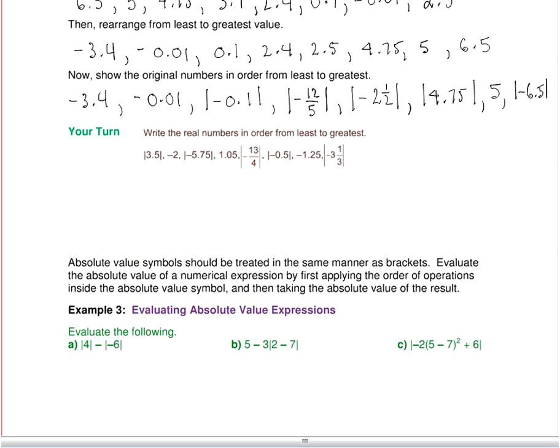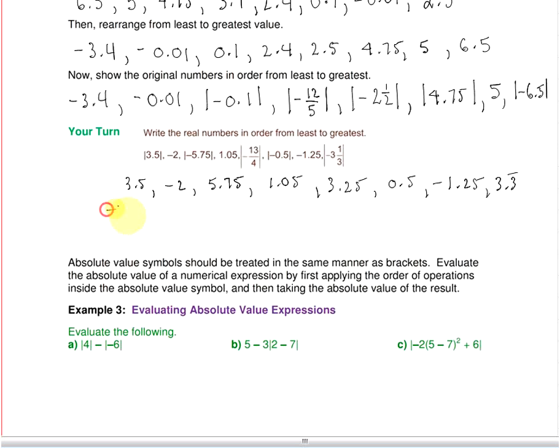Okay, so the answer for this, well, I guess I'll go through the solution with you. You should have 3.5, negative 2, 5.75, 1.05, 3.25, 0.5, negative 1.25, and 3.3 repeating.